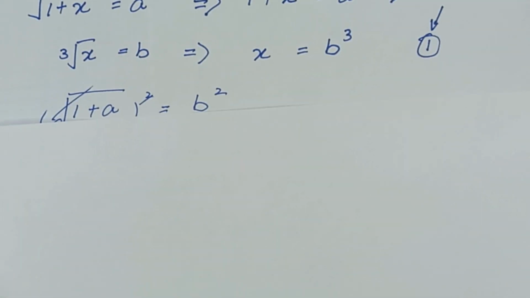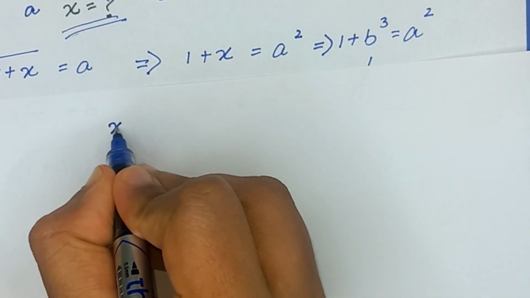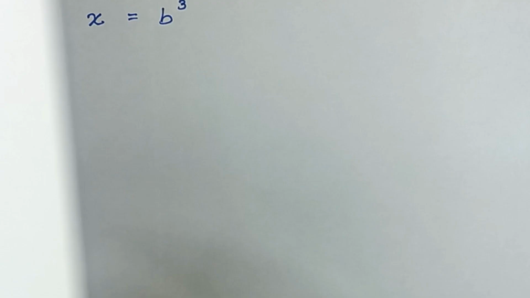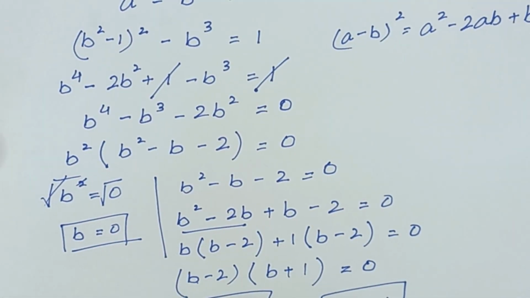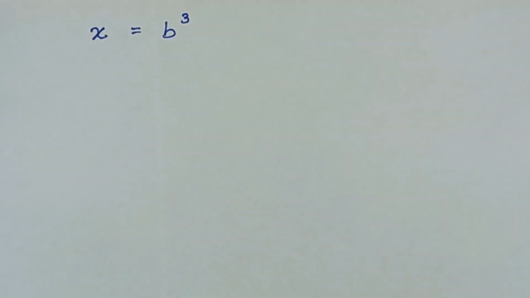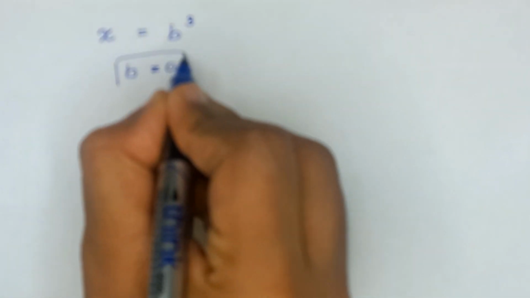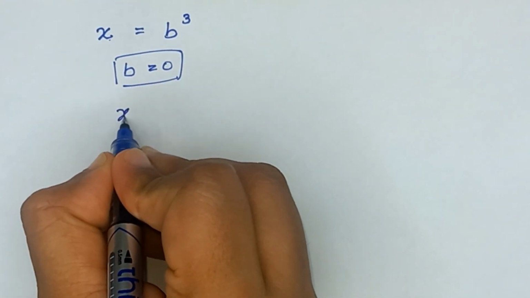So as x is equal to b cube, first of all I will substitute b is equal to 0, then 2 and then minus 1. When b will be equal to 0, then x will also be equal to 0.